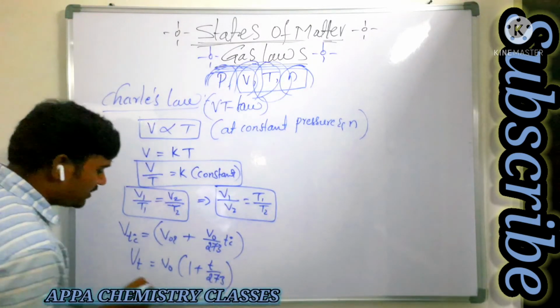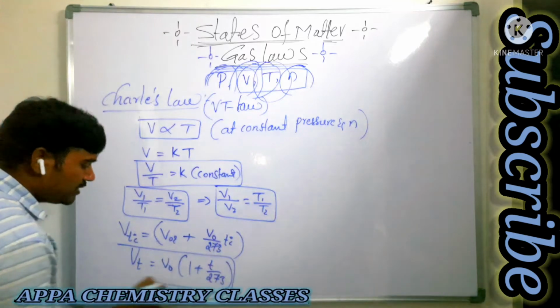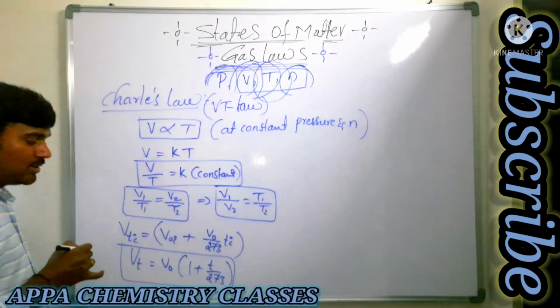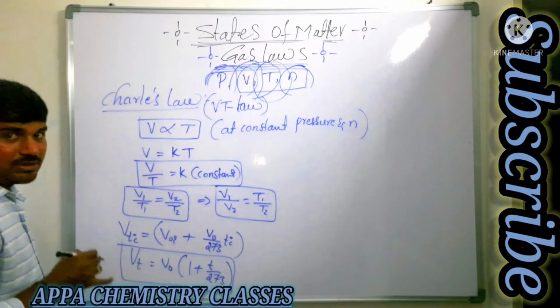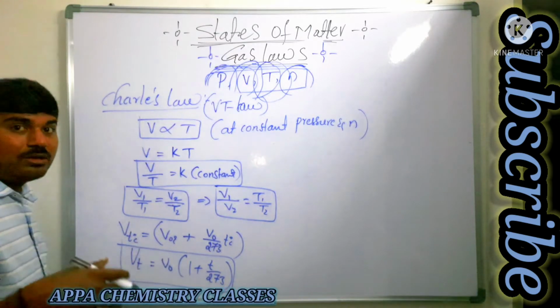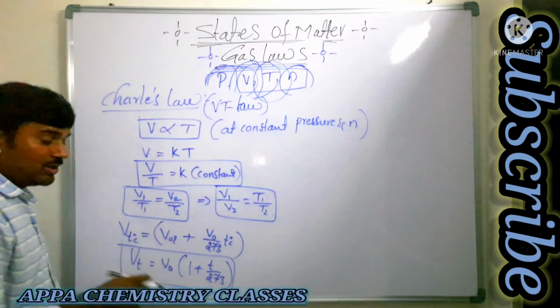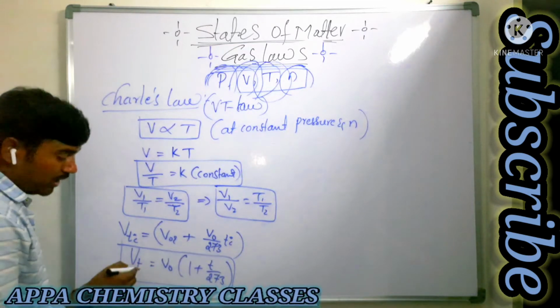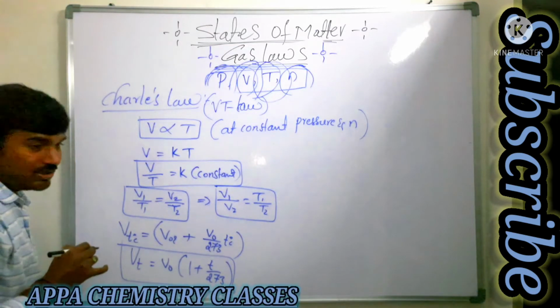So Vt is equal to V0 into 1 plus T by 273. That is, the initial volume will be increased by 1 by 273 times for every T degrees rise in temperature.